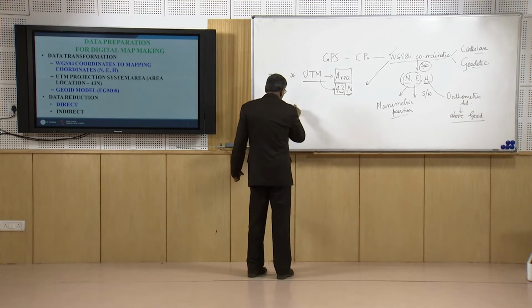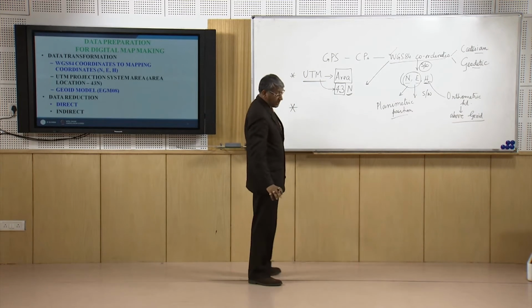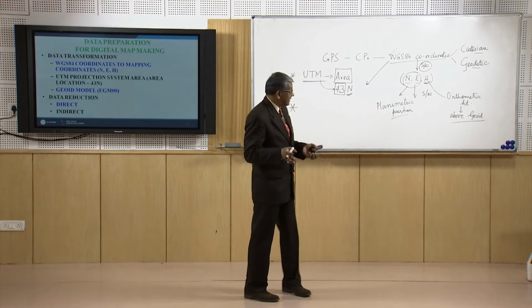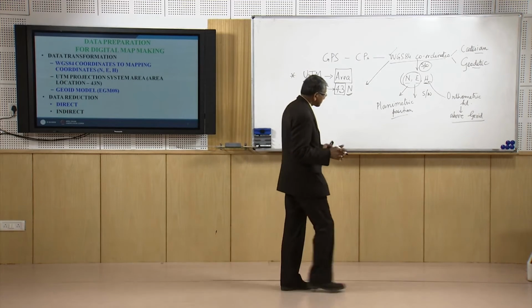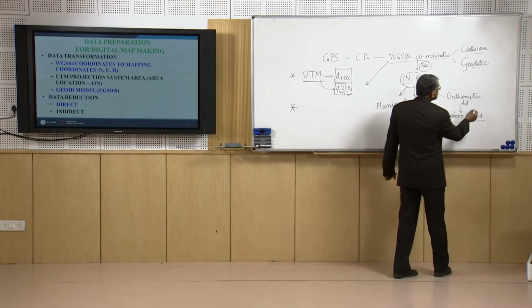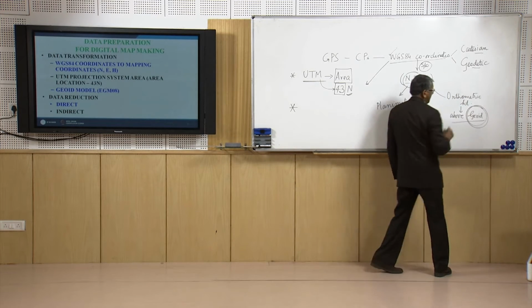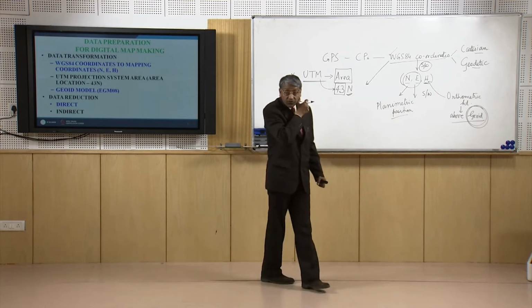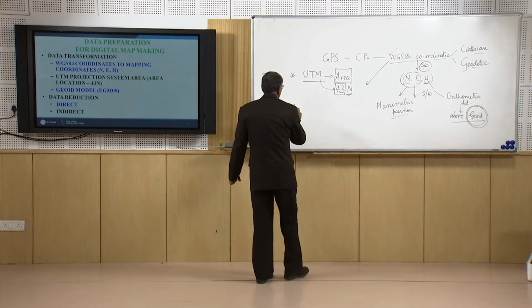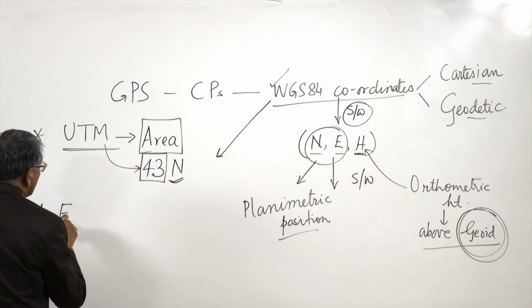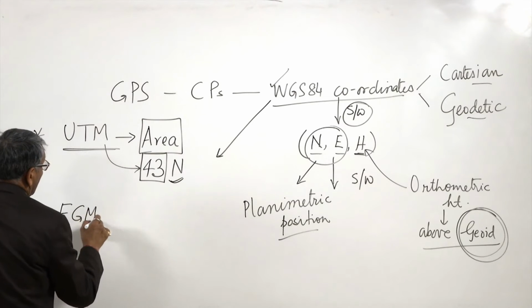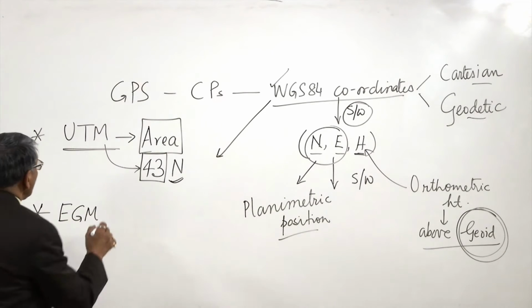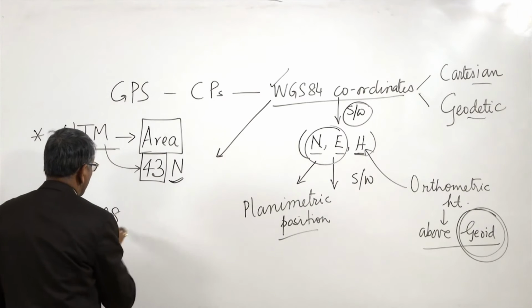Another piece of information that it will like to have is which geoid you would like to use. Now, generally for the WGS 84 coordinate system we make use of the global earth gravitational model, EGM 8.